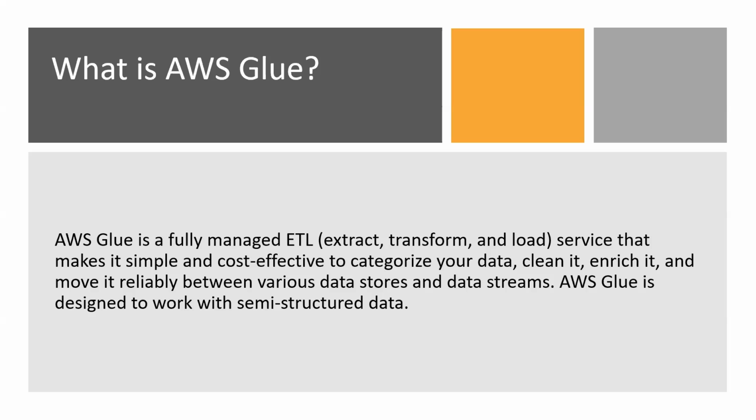We can use the AWS Glue console to discover data, transform it, and make it available for search and querying. We can also use the AWS Glue API operations to interface with AWS Glue services.